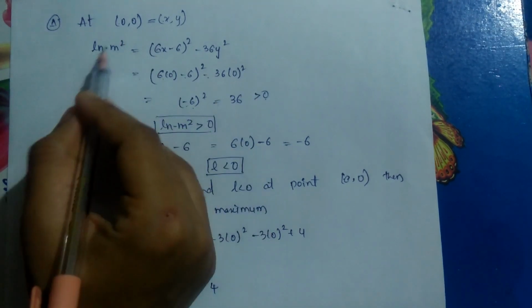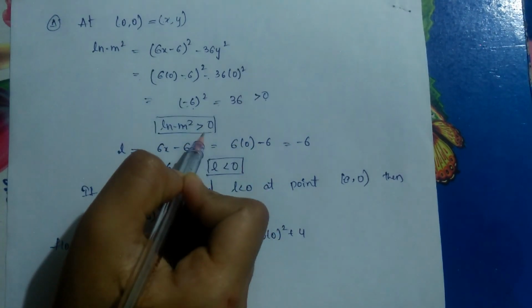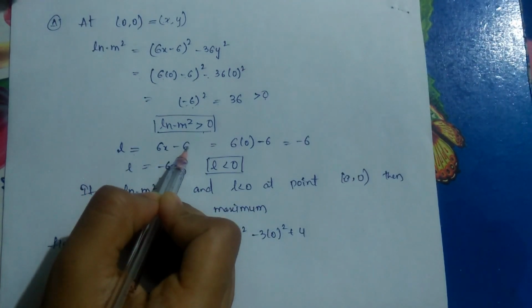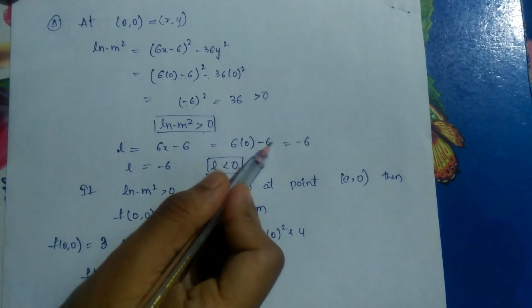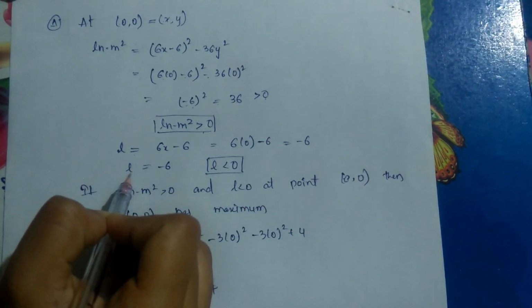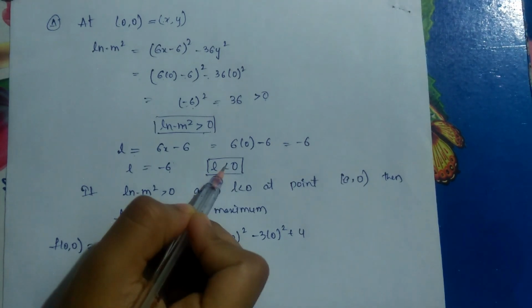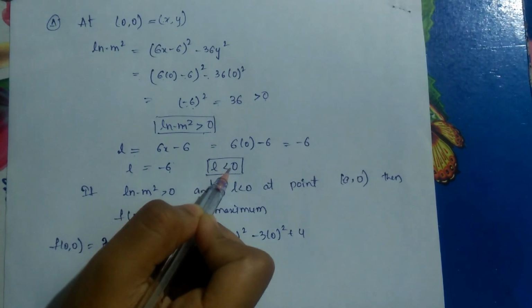It means ln minus m square is greater than 0, and L is equal to 6x minus 6, that is 6 of 0 minus 6, that equals minus 6. So L equal to minus 6, this is the value which is less than 0. So L is less than 0.